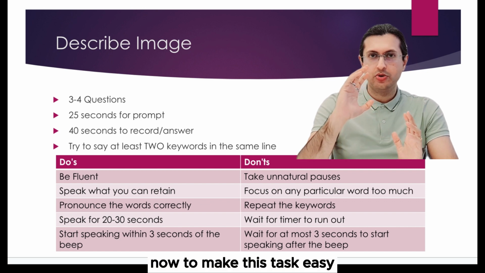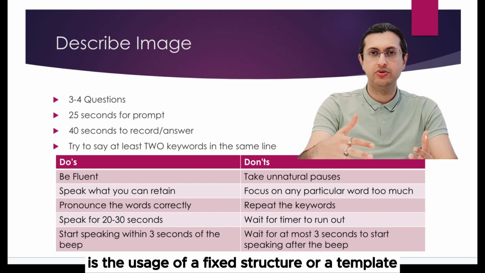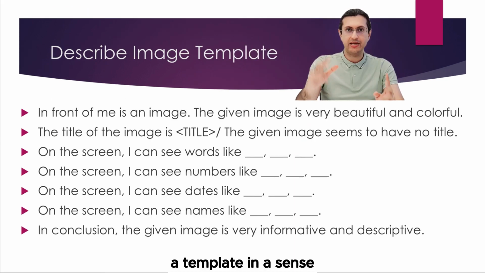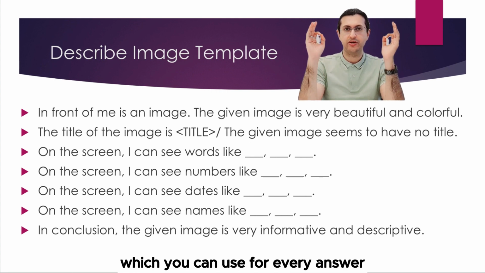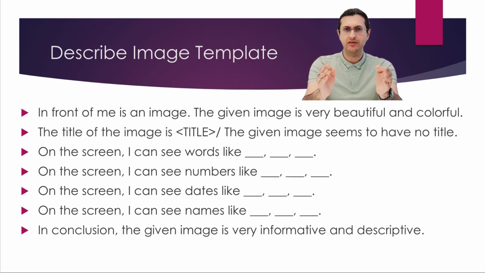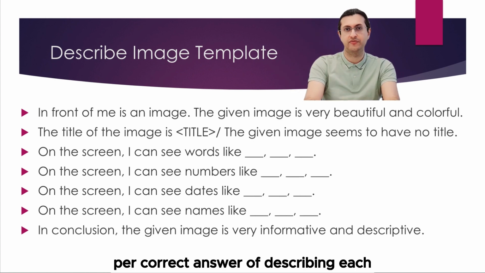Now, to make this task easy, what I would like to suggest is the usage of a fixed structure or a template. A template in a sense means fixed lines or sentences which you can use for every answer and still expect a full score of 15 out of 15 points per correct answer of describe image.